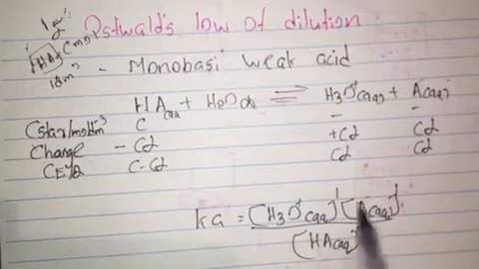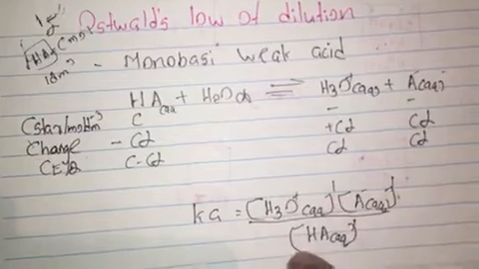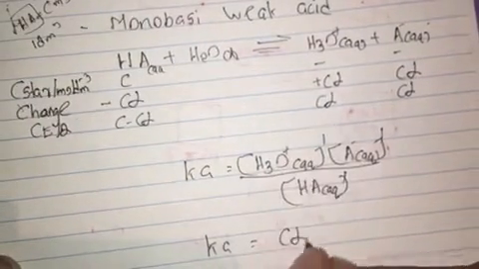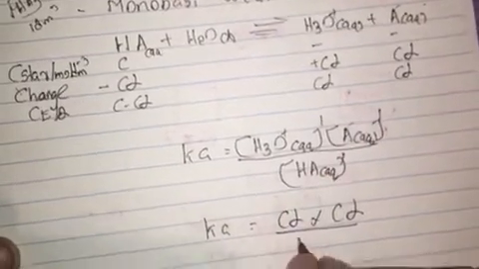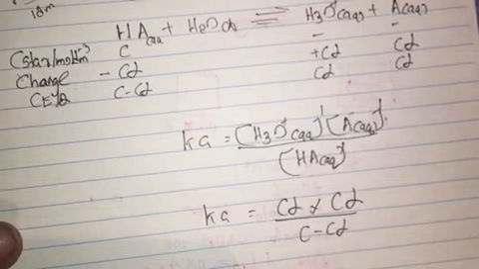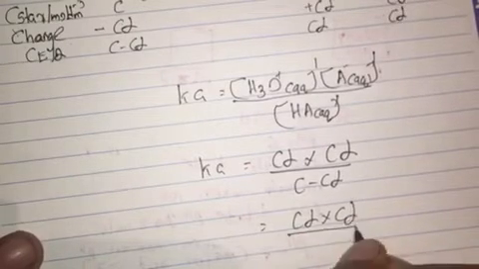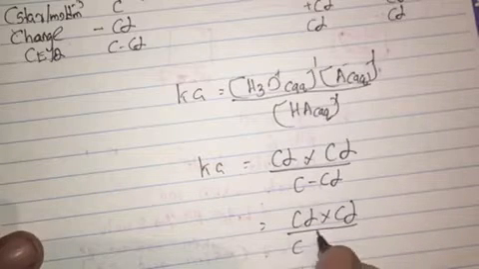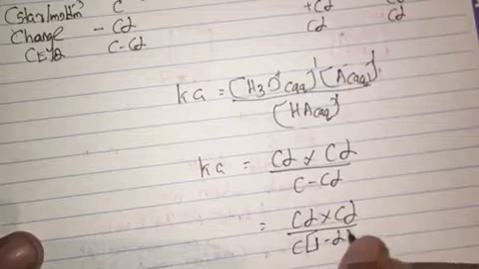Applying the symbols: Ka equals C alpha times C alpha over C minus C alpha. We can simplify by taking C out, giving in the bracket 1 minus alpha.